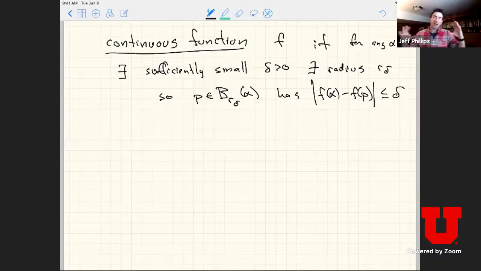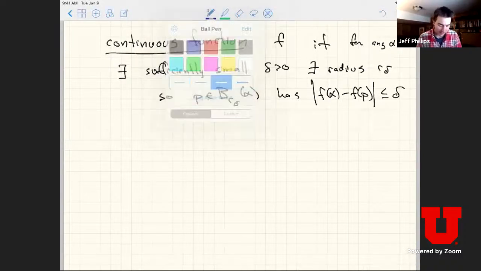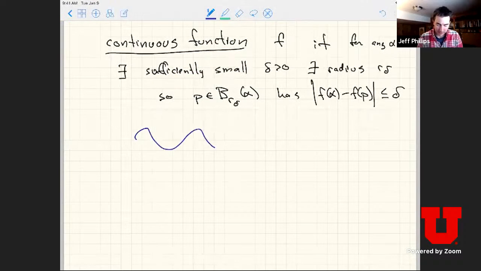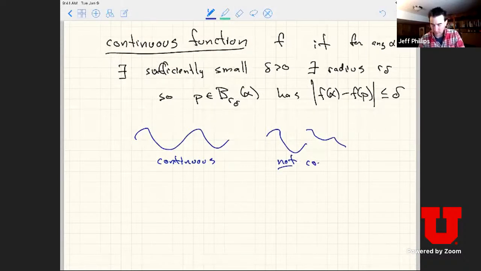The idea is that if you have some function, and I can basically draw it without lifting up my pen, and I don't have any strictly vertical lines, then it is continuous, whereas a function like this is not continuous.